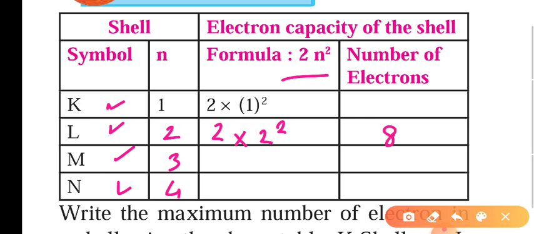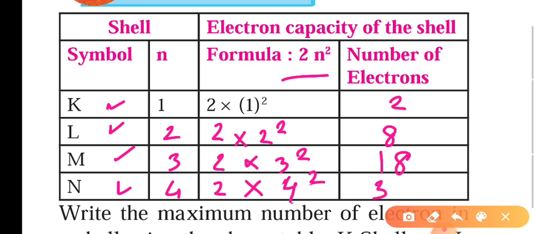For the third shell, 2 into 3 squared. Square of 3 is 9, and 9 twos are 18. For the next shell, 2 into 4 squared. Square of 4 is 16, and 16 twos are 32.